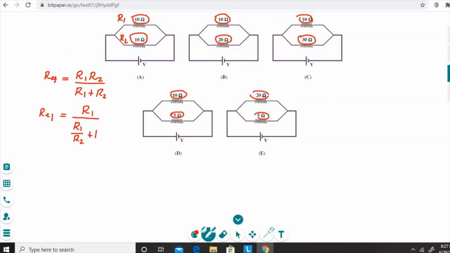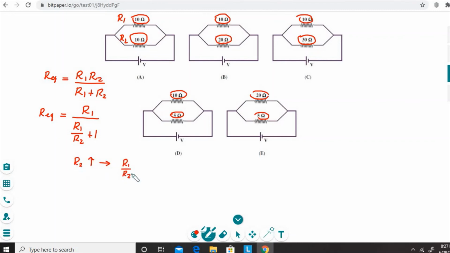That's the equivalent resistance. Now as I told you, in A, B and C, R2 is increasing. Initially it was 10, then 20, then 30. So let's see what happens to R equivalent when R2 is gradually increased. Let's look at this ratio R1 over R2.